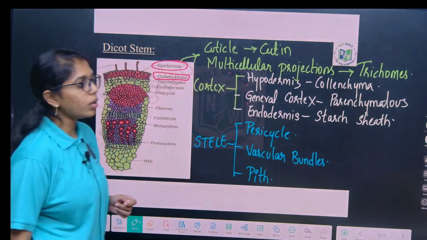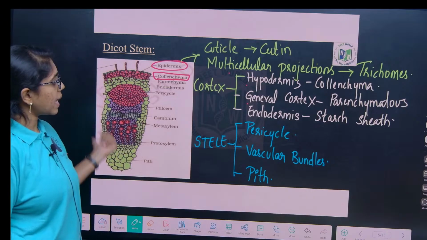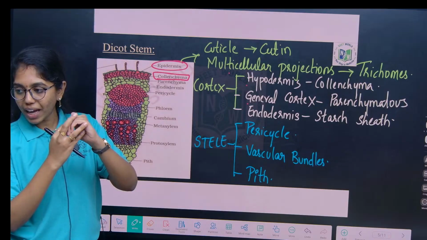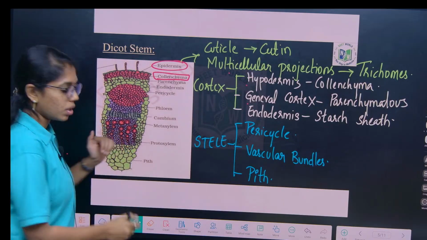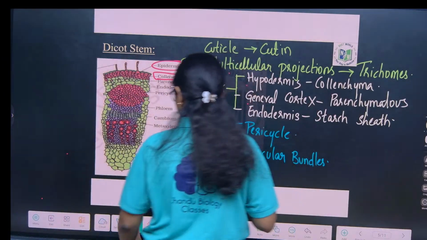Fine, pericycle, vascular bundles and pith. So here if you see, pericycle is arranged in the form of semilunar patches and it is sclerenchymatous. Pericycle is sclerenchymatous.